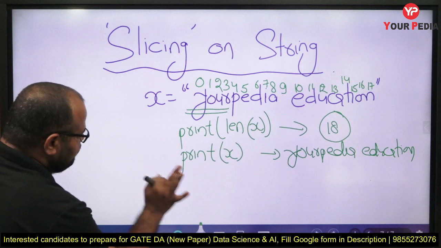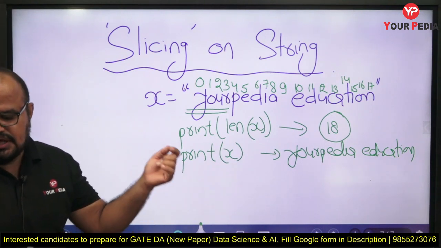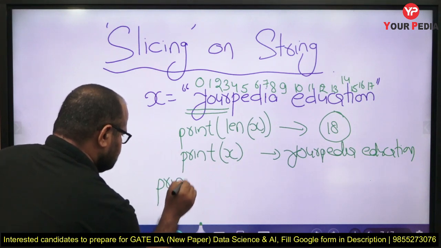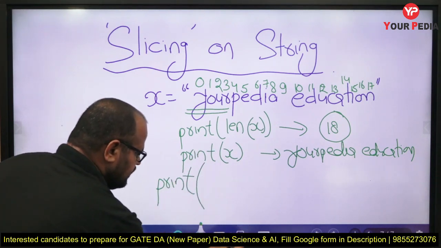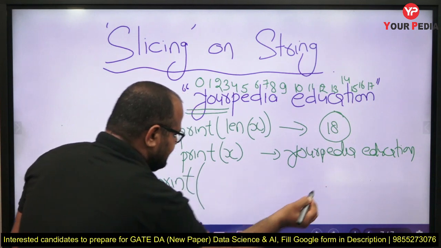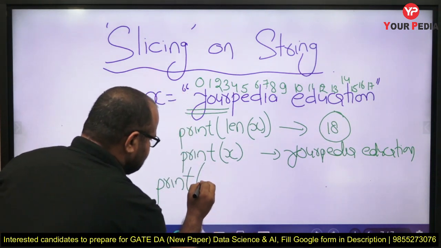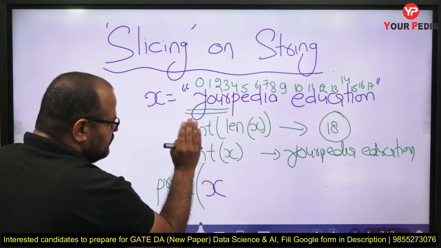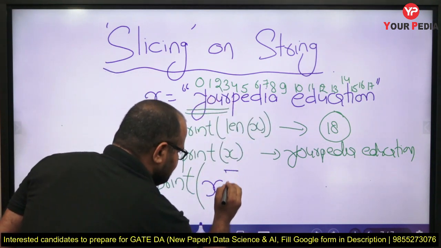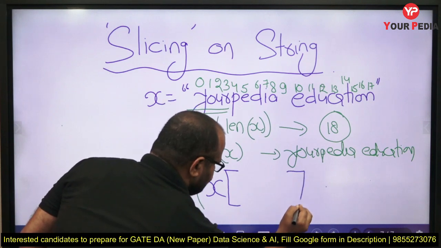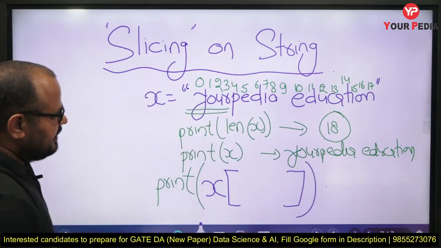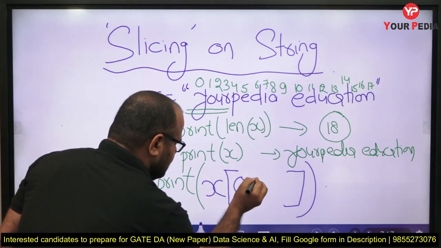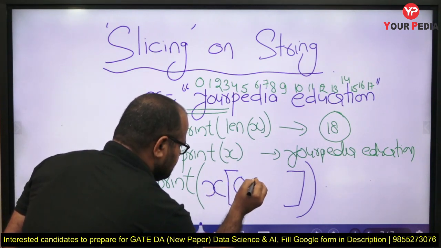Now if you write print, listen carefully, what do you want to print? You want the data of X from where to where? Start with a square bracket, end with a square bracket and close. Now you start with 0, then a colon.